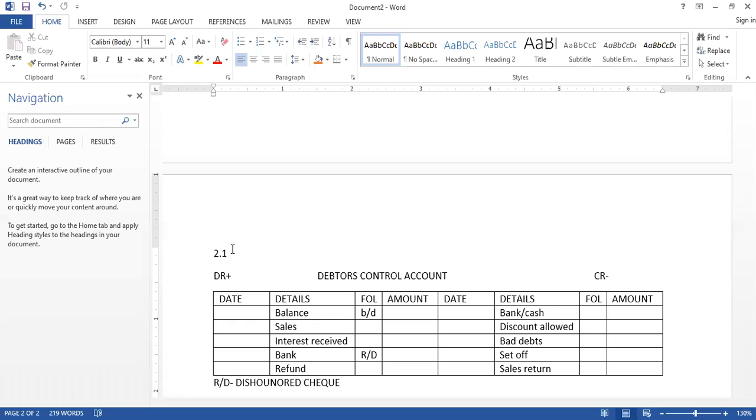It is kept as a summary of your debtors. Those are the purposes of control accounts, but I'm sure if you go in your study guide, there are plenty of them. It's only that I can't really remember all of them.